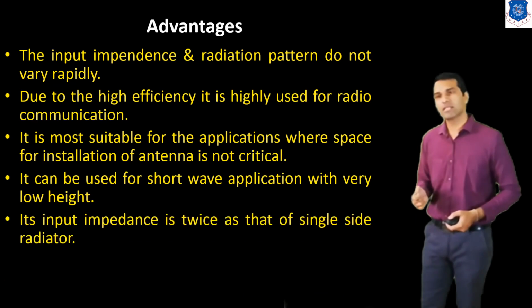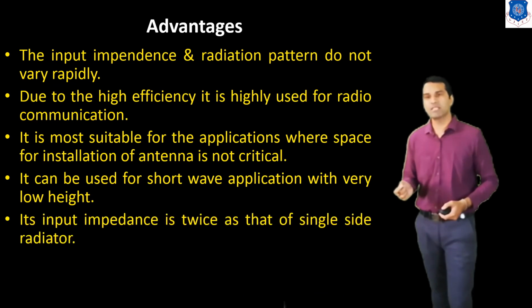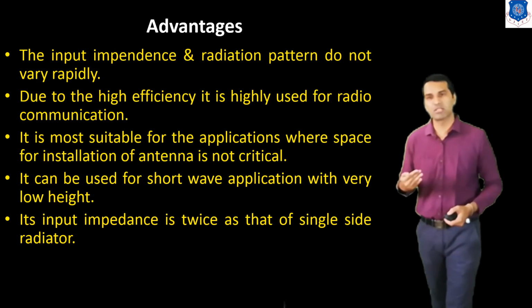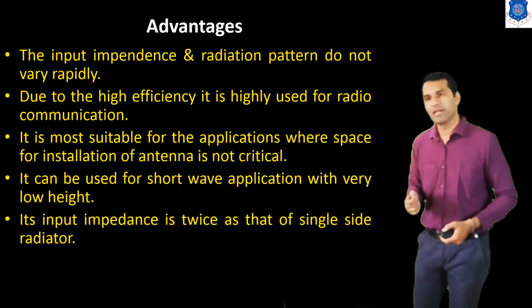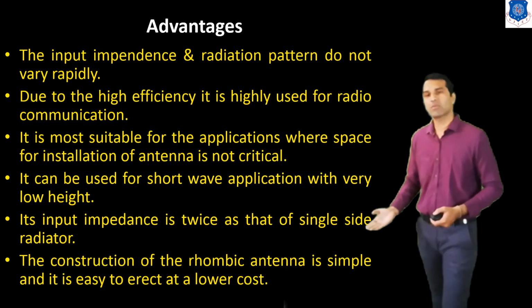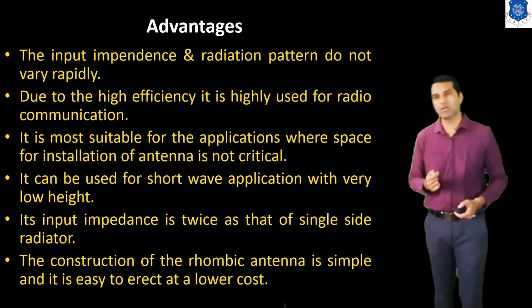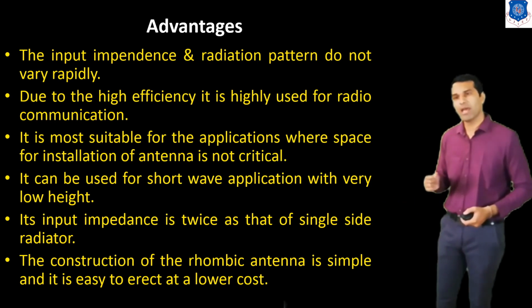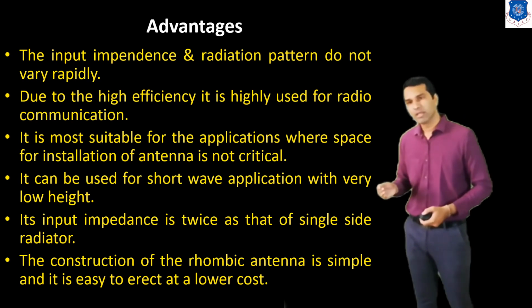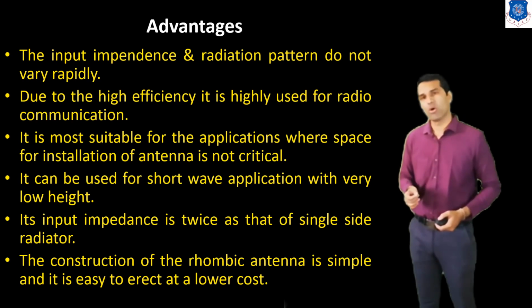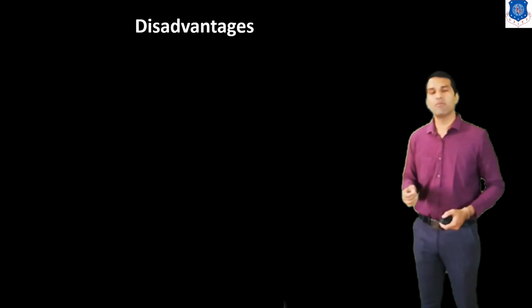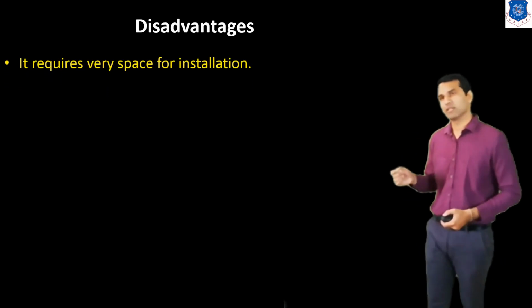Next advantage is its input impedance is twice that of the single side radiator. And the last advantage is the construction of the rhombic antenna is simple and it is easy to erect at low cost. Now we discuss some disadvantages of this antenna.